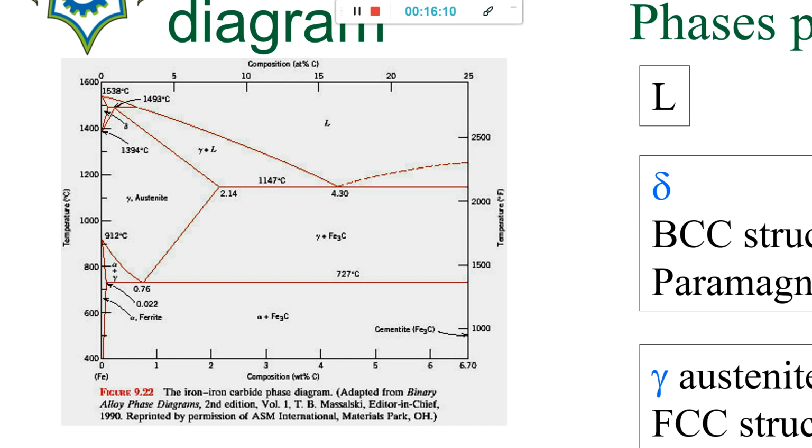As we move to this side, the carbon percentage increases. From this picture you can see that only 6.70% of carbon is taken into consideration, so that's why this diagram is called a partial phase diagram.